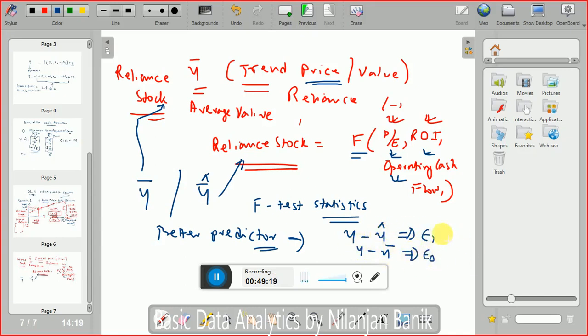So if the error by taking the estimated value is bigger than taking the mean value, then we will have to go for multiple regression.